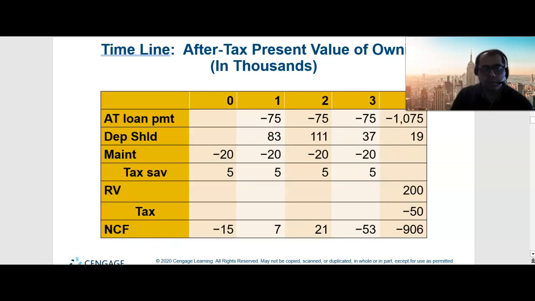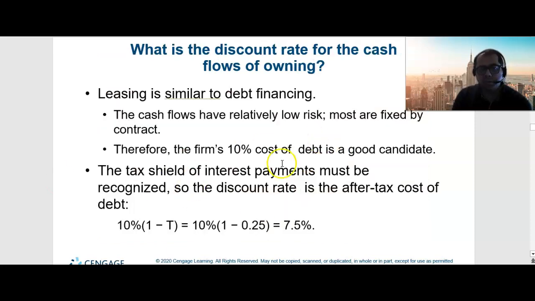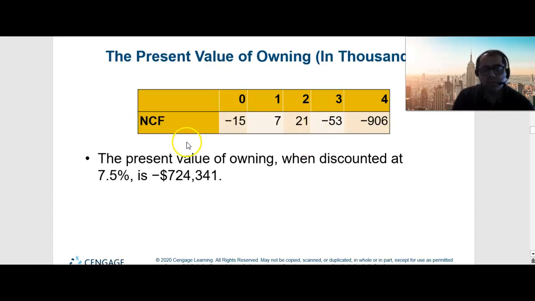So for this company, the firm's cost of debt we know is 10%, and given that the marginal tax rate that the company has is 25%, the after-tax cost of debt is 7.5%. Once we have the cash flows, we are going to use the 7.5% as a discount rate and calculate the present value of these cash flows.